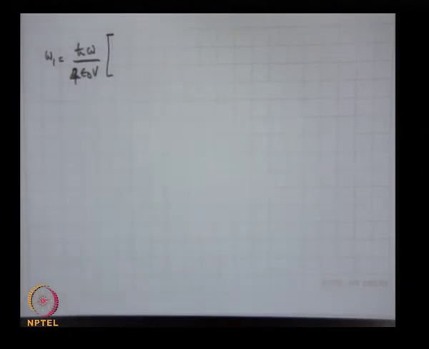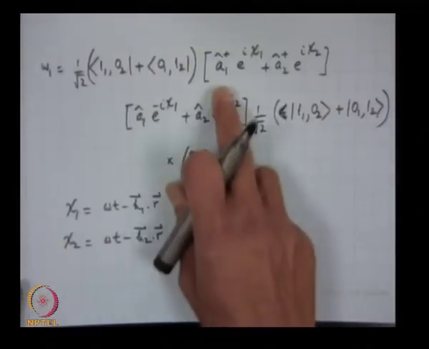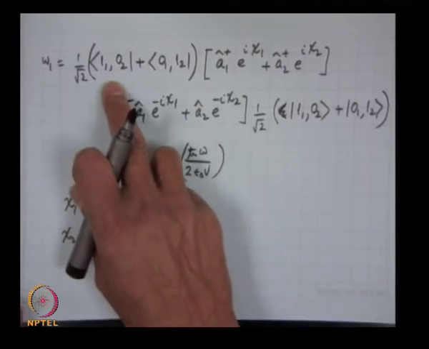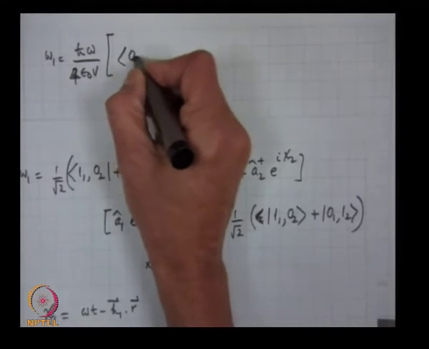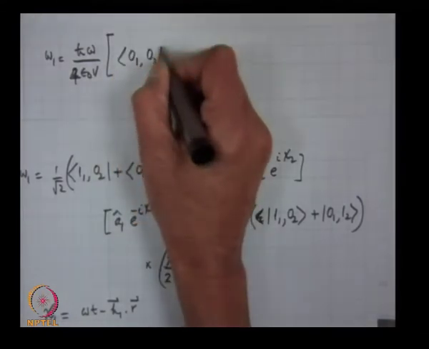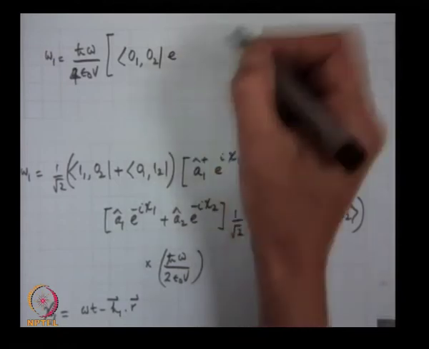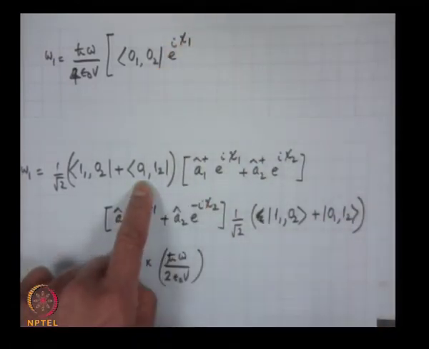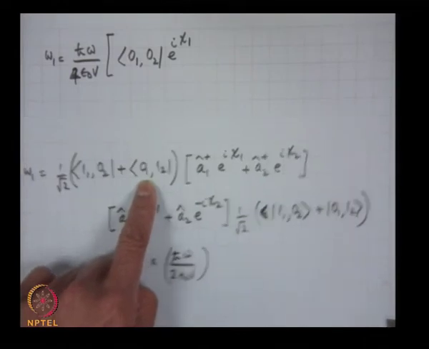Now what is A1 dagger operating on this state? I'll get 0102 into exponential I chi 1. A1 dagger operating on this gives me 0.